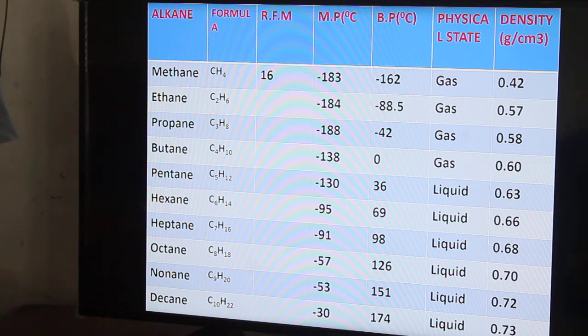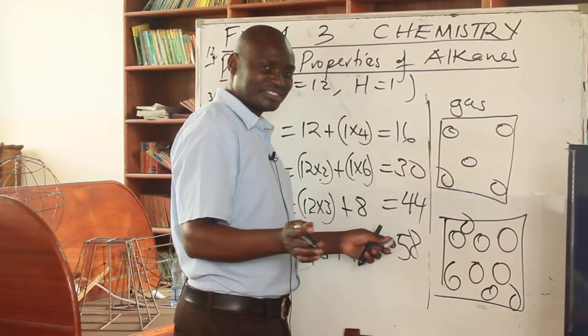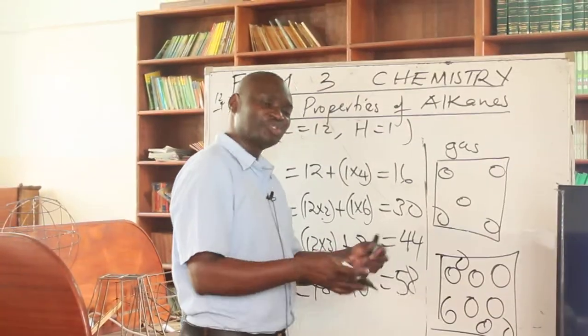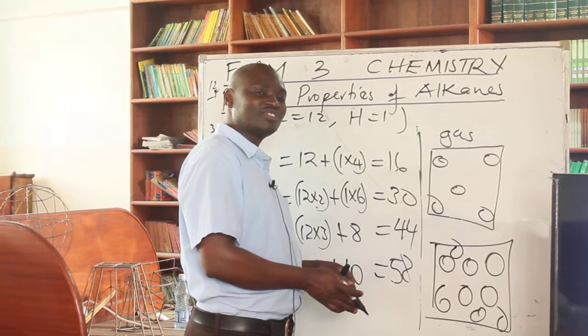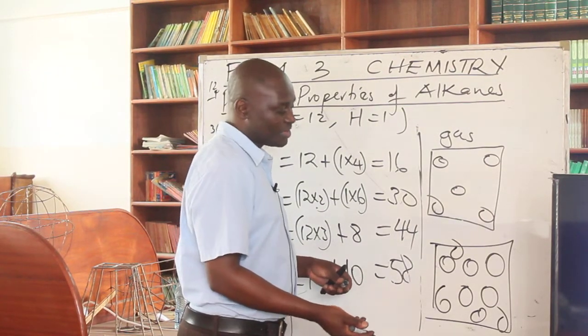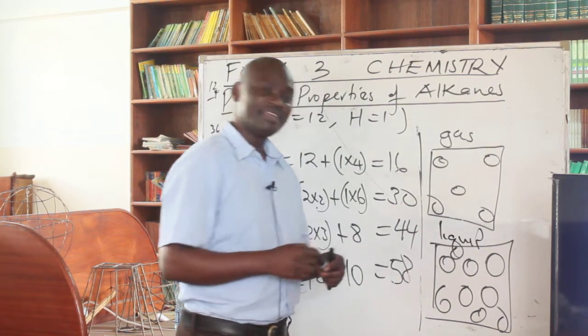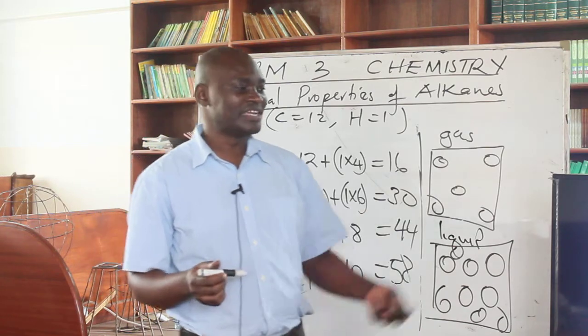And because of that, the particles are closer to each other. The particles are drawn closer because of these relatively stronger intermolecular forces of attraction. So this thing will exist as a liquid. It will have the property of a liquid.